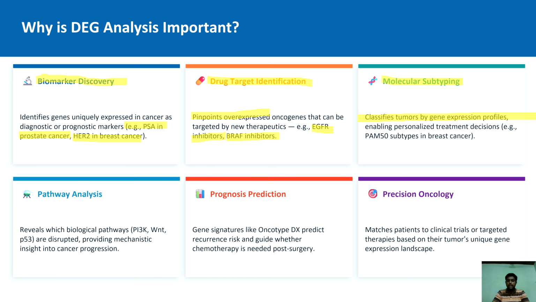If we have the expression level of HER2/neu, it is the potential biomarker for the HER2/neu subtype. So we have luminal A, luminal B, HER2/neu, and triple negative breast cancer. These are the four most important subtypes of breast cancer.